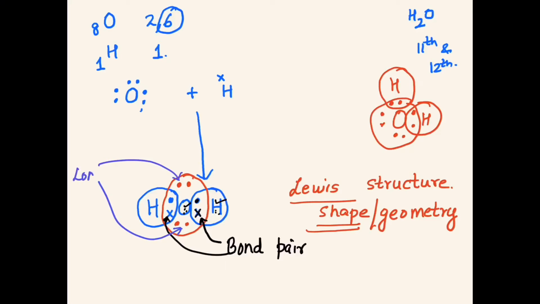Now this lone pair, you see, is very, very grumpy, because first of all it's not ready to form a bond, and it's like, I am left alone, so I'm going to trouble the others. And that is the very crux of the VSEPR theory: as long as an atom has only bond pairs of electrons, it will be a happy family and the atoms will happily accommodate each other.